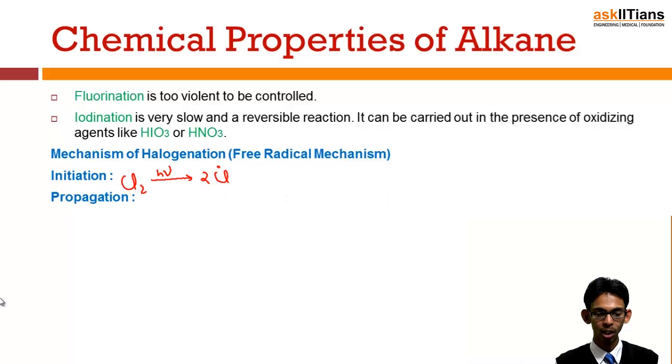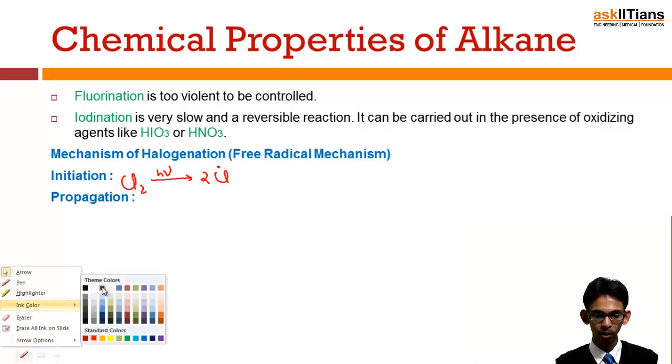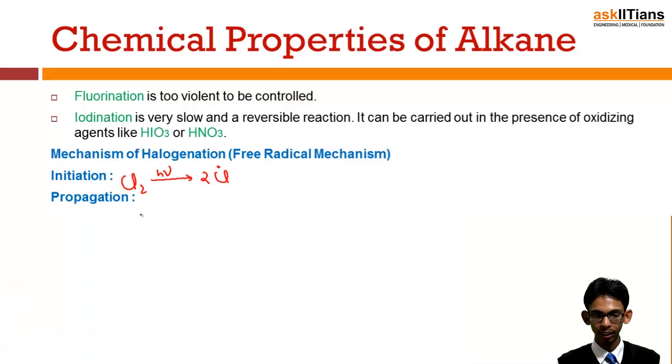The next step is the propagation step, that means how the reaction proceeds. The chlorine radical which is formed reacts with methane, and abstracts a hydrogen from it to form HCl, and a methyl free radical is formed.